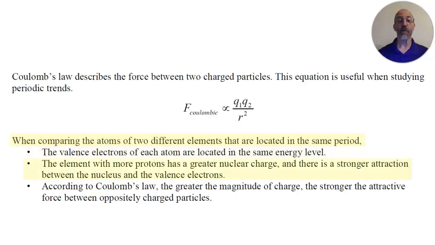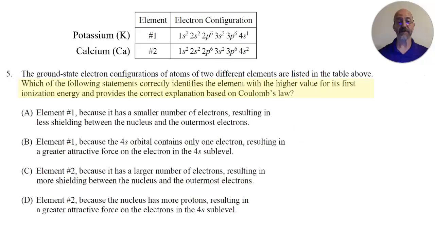Now, the element with more protons, in this case calcium, should have a greater nuclear charge. There should be a stronger attraction between the nucleus and the valence electrons. So according to Coulomb's law, the greater the magnitude of the charge, the stronger the attractive force between oppositely charged particles. So it's calcium that has one more proton than potassium.